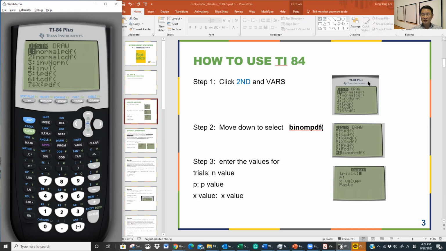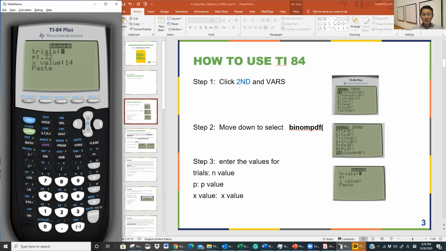Then you see this listing, with all these different distributions. Some of them we are actually going to use later on. But for now, we're going to pull this arrow key down all the way to this binomial PDF function. This is the one that we want, so we're going to press enter.